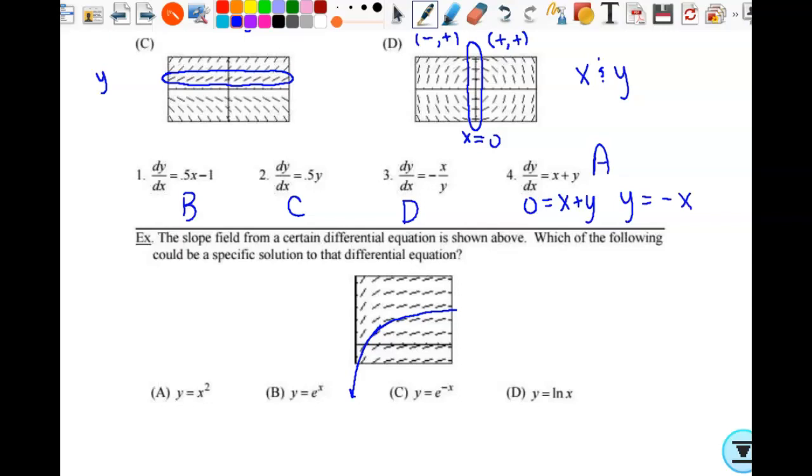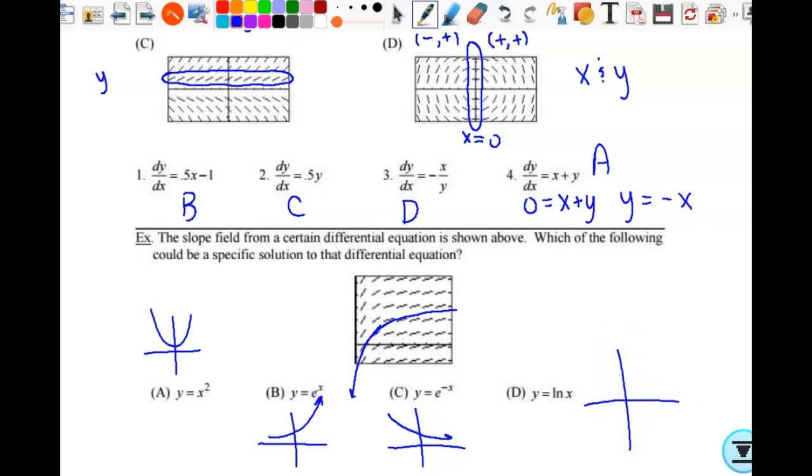But it's not exponential. So we know what this one looks like, right? We know a quadratic looks like this. Our e to the x function looks like this. E to the opposite of x would be that decreasing exponential. And what does natural log look like? It's the inverse of this one, so it's a reflection of e to the x over the line y equals x.